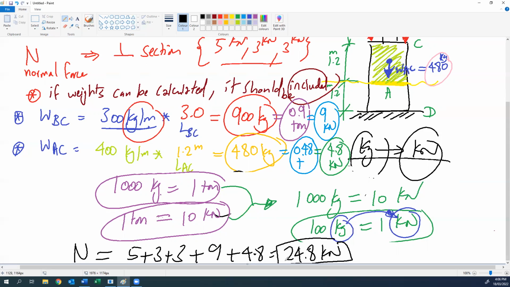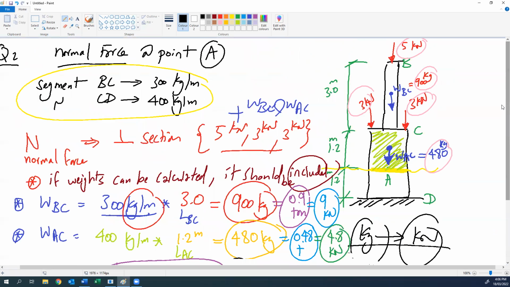My last question for you is, is this force compression or tension? If you have a look again at the example, tension or compression? Compression.